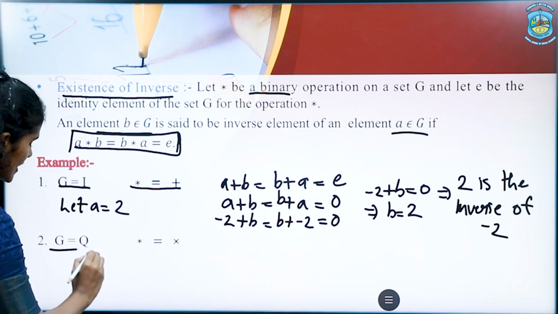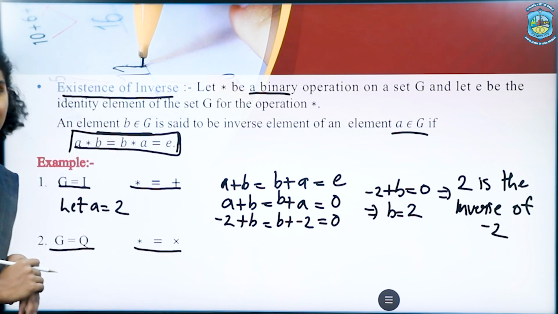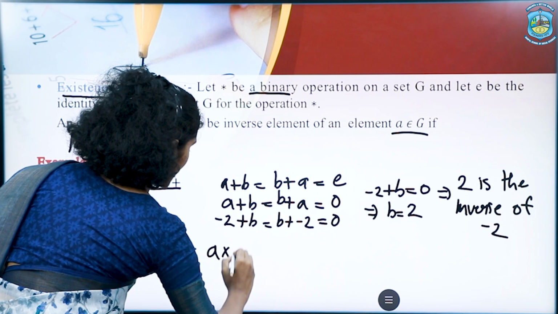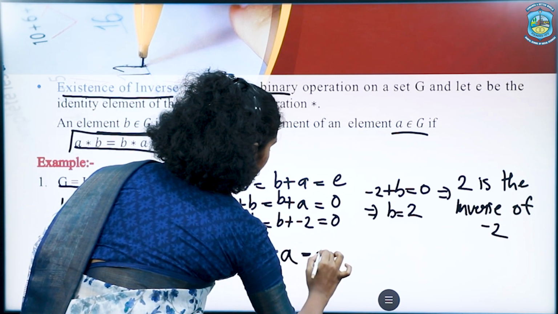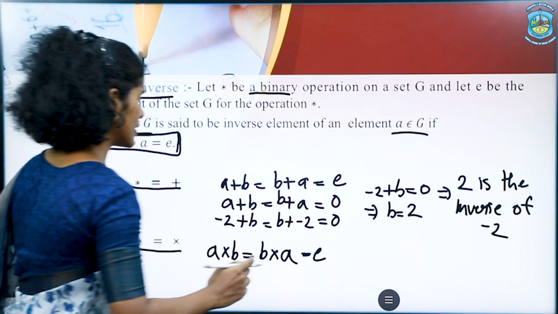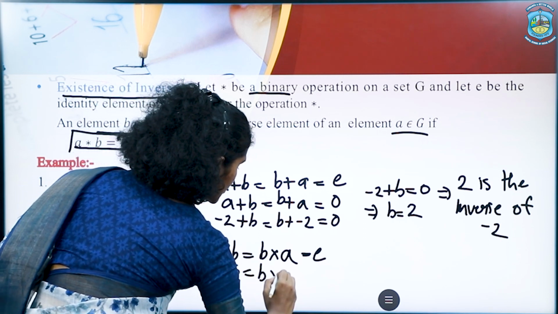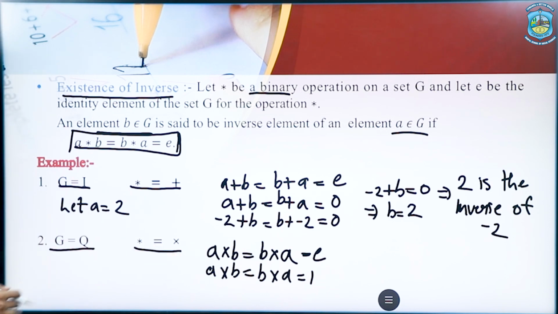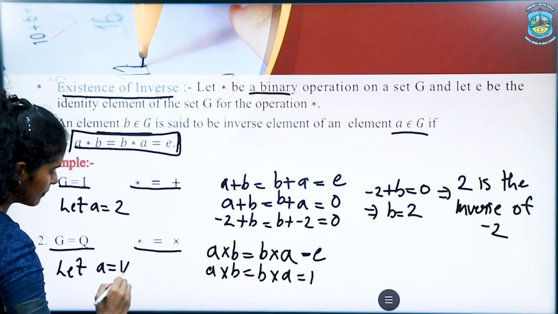Now, the next example is the set of rational numbers. The operation given to us is multiplication. So the condition will change into A into B equal to B into A equal to E. What is the identity element in case of multiplication? It is 1. So I can write this as A into B equal to B into A equal to 1. Now let me give a value for A. Let A equal to 1 by 2.